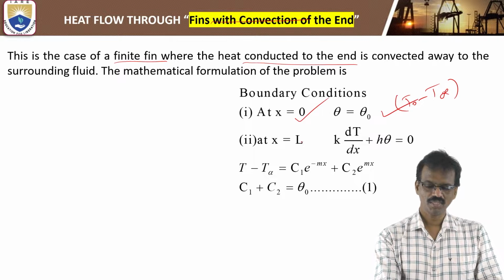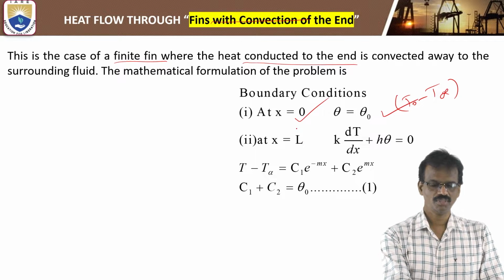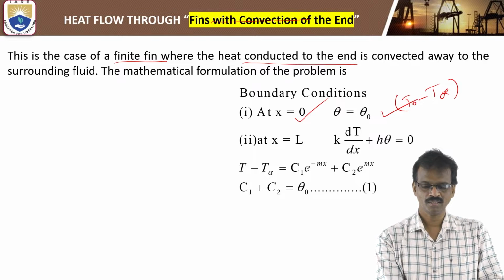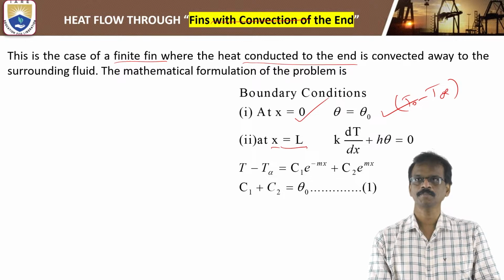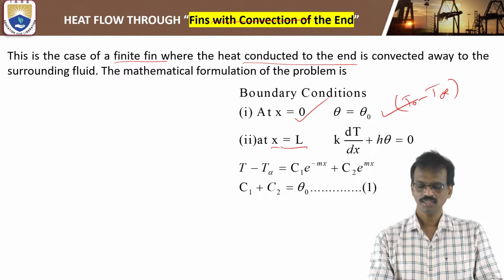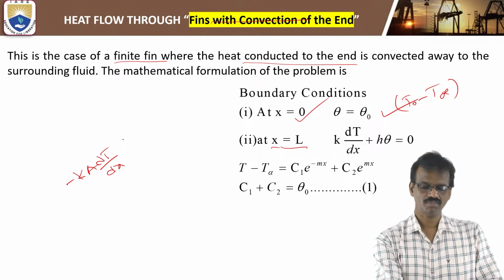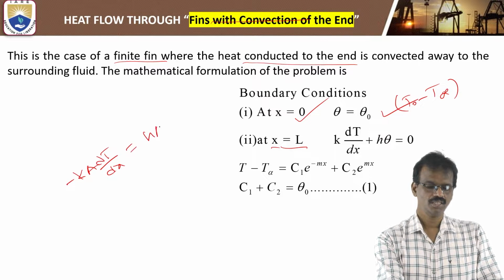The second boundary condition: it is a finite fin, which means it has some length. If you take x is equal to L, then the condition is minus KA d theta by dx is equal to hA theta.